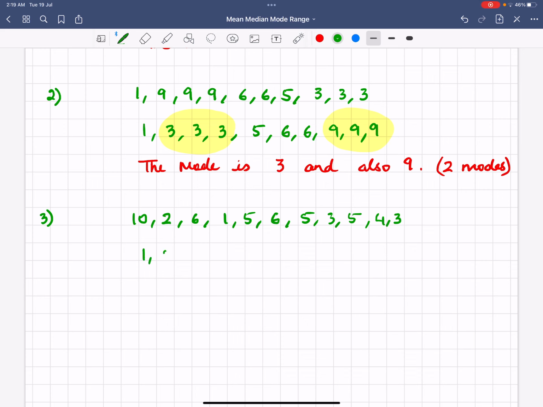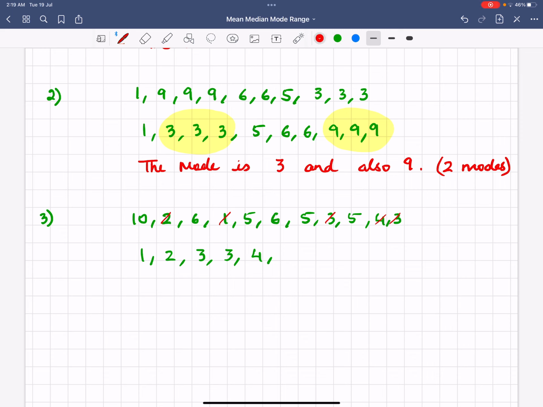So let's write the numbers in ascending order so that we can see the data clearly. We have 1, 2, 3 and 3, and 4.